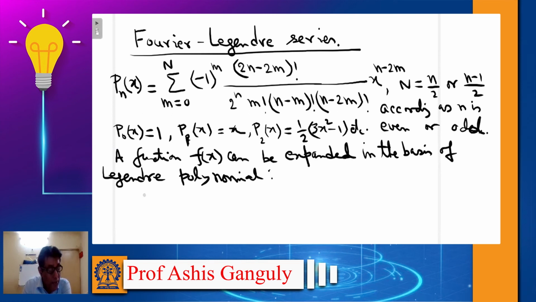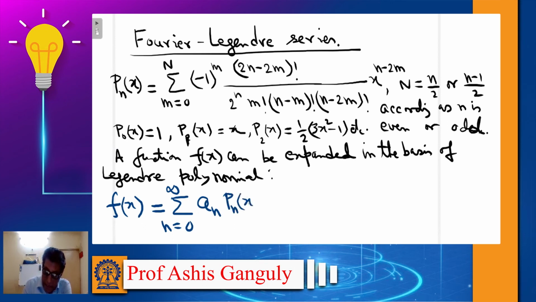So I am writing down this expansion. It is f(x) equal to summation n equal to 0 to infinity an Pn(x). This an is called the Fourier coefficient; this time we will call it the Fourier-Legendre coefficient because it is the Fourier-Legendre series.